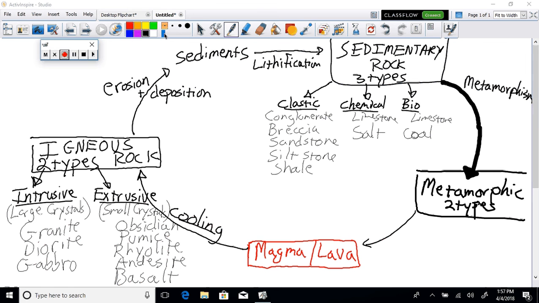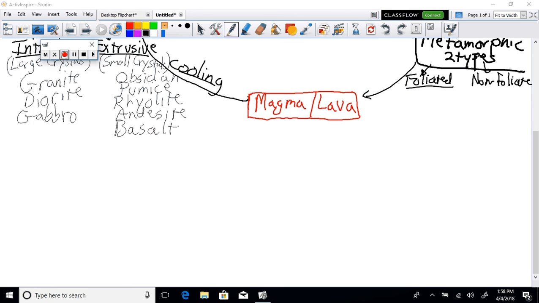Okay, now, two types of metamorphic rock. All right, you have foliated, and the other is non-foliated.